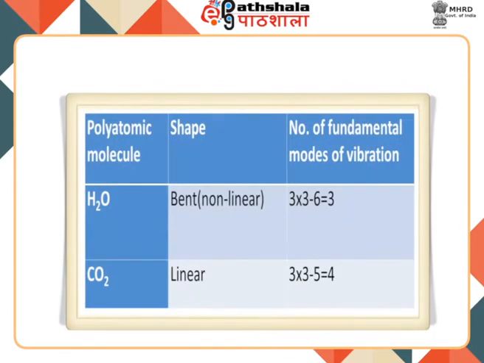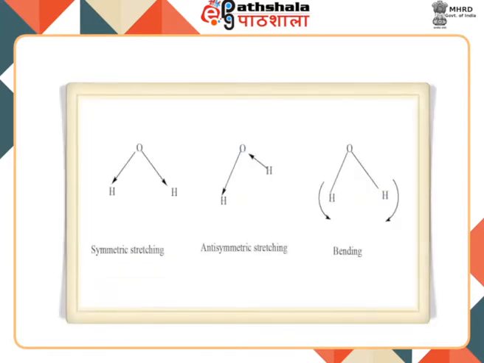In this table, the number of fundamental modes of vibration are calculated for water and carbon dioxide. As you know that water is a bent molecule, on applying the 3n minus 6 rule, you can see that there are 3 fundamental modes of vibration, whereas for carbon dioxide there are 4 fundamental modes of vibration. You can see from this diagram the 3 fundamental modes of vibration for water.